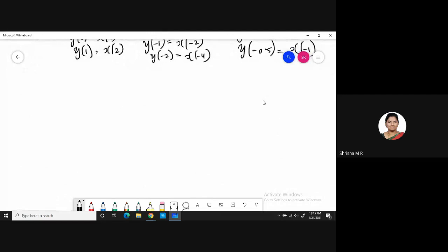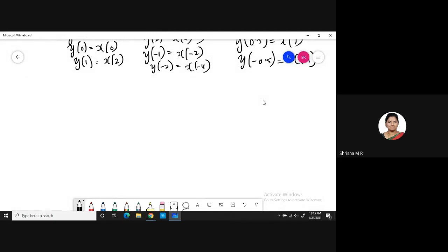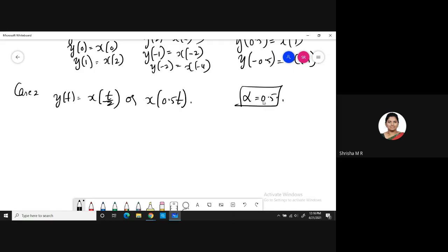What happens if alpha is less than 1? Case 2: my y of t will be x of t by 2, or x of 0.5t. So the scaling factor here is 0.5; I'm scaling by a factor of half.